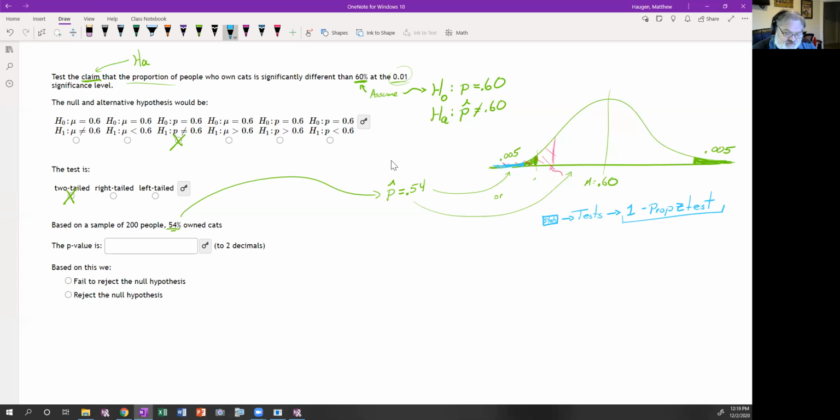Now that wants a couple of inputs. So, one proportion z test. It wants p, it says p naught, but that's the p for the null.